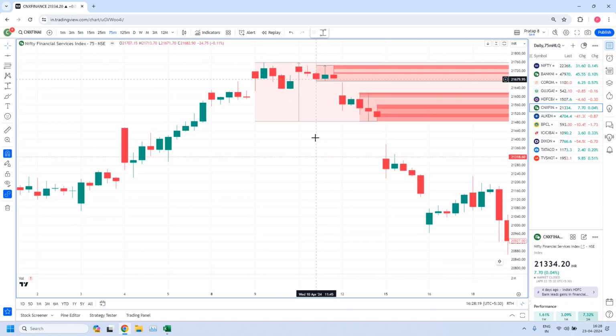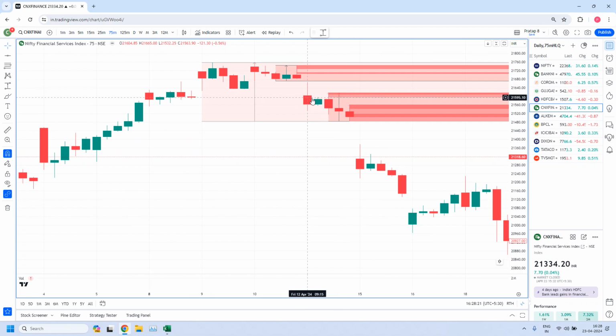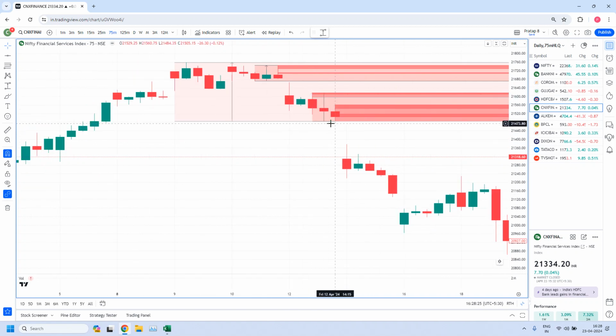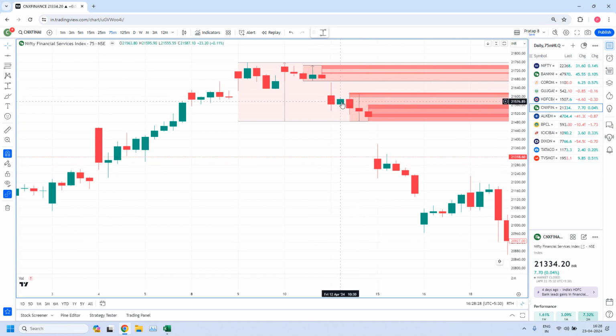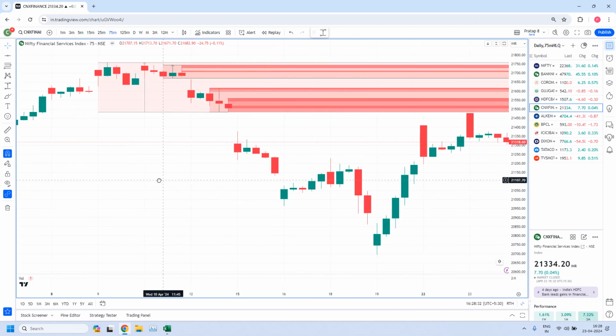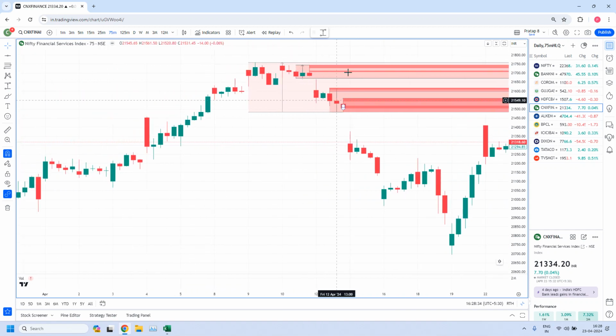So this is a 75-minute zone. Again, this is a drop candle, 1, 2, 3, 4 drop. That way you can consider drop base drop. So we have two 75-minute zones here. And these zones, we need to fine tune with 15 minutes.